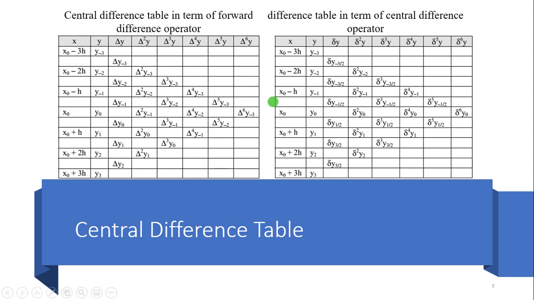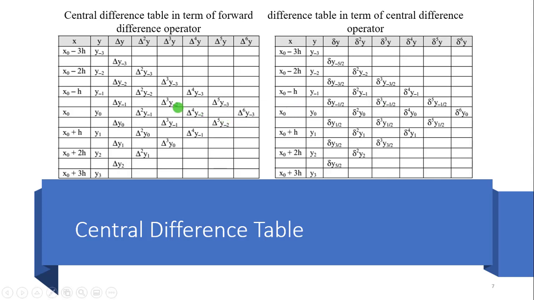Del y minus 1 is replaced by the central difference del y at minus 1 by 2. Similarly the second order forward difference at minus 1 is replaced by the second order central difference at the naught position. Similarly the third order forward difference operator at minus 2 is replaced by the third order central difference operator at minus 1.